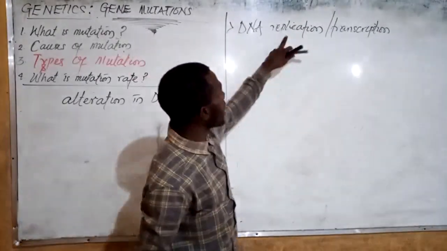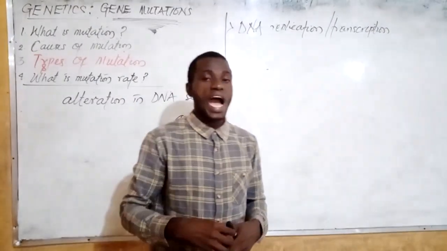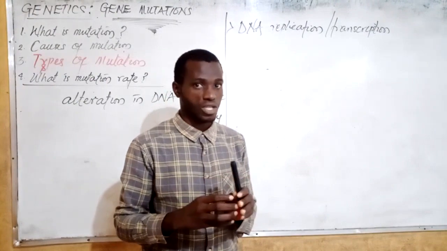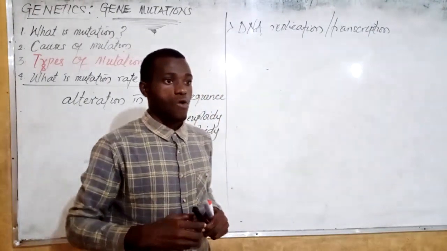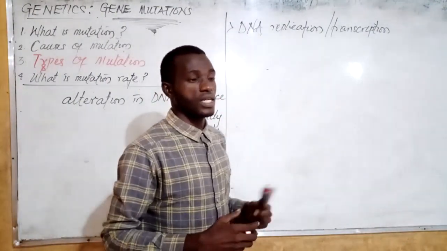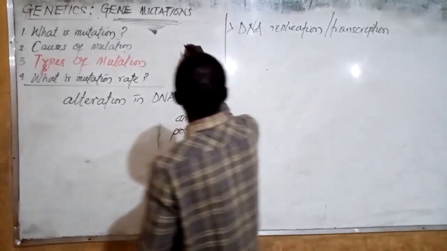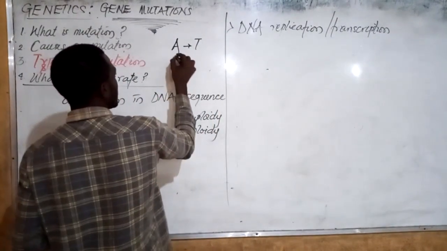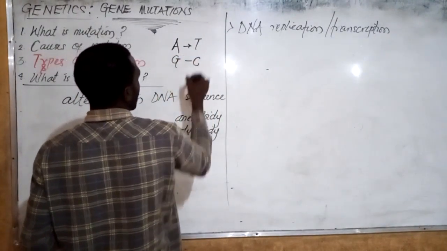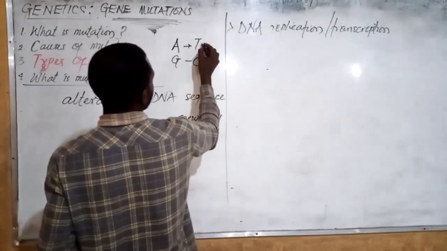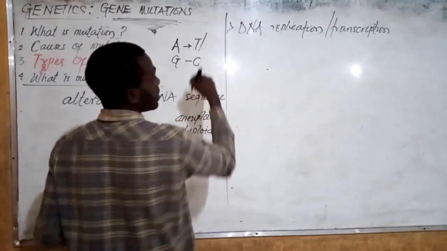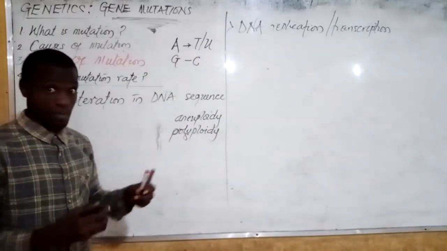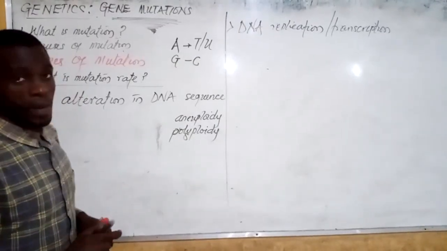Such as, for example, when DNA replication is happening and there is a base mismatch. You remember the base pairing that we talked about, that adenine pairs with thymine and guanine pairs with cytosine, and in the RNA we say that adenine pairs with uracil because there is no thymine in the RNA, of course.